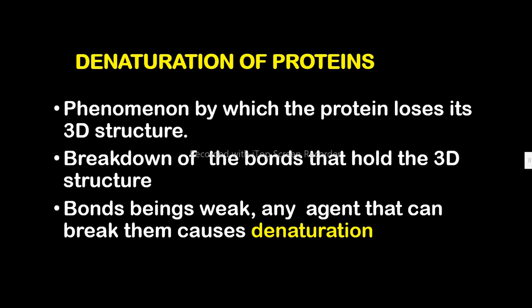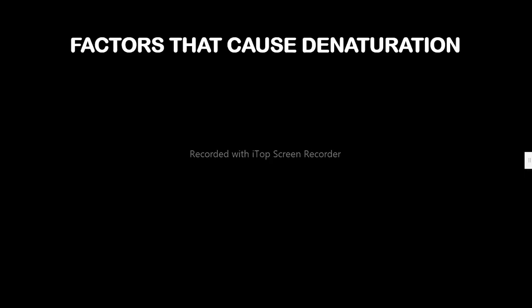When the bonds are broken and you lose the 3D shape, the protein is said to be denatured. Denaturation can be permanent or just temporary: you can lose the 3D shape but later regain it. It depends on the factor causing the denaturation and the degree of denaturation.